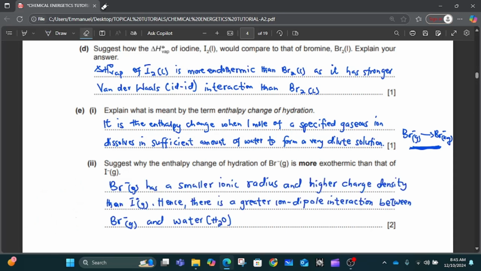So we say that Br minus gas has a smaller ionic radius and a higher charge density than I minus gas. Hence, there is a greater ion dipole interaction between Br minus gas and water.